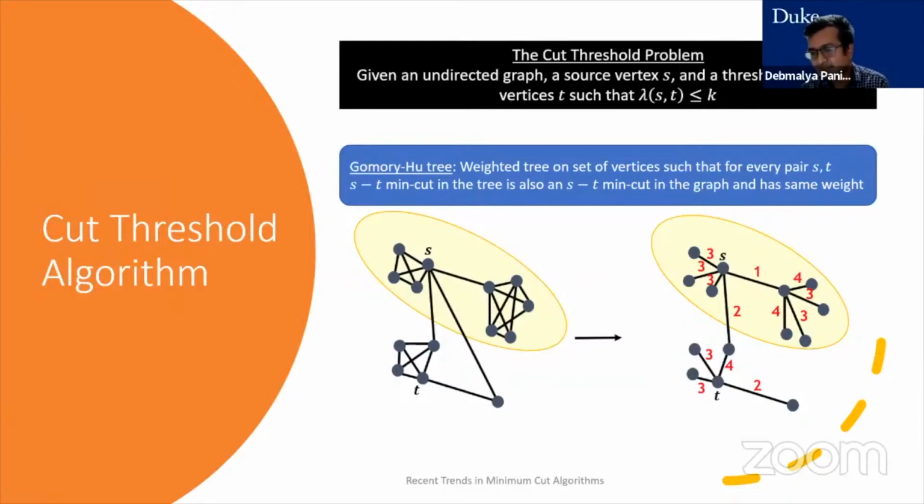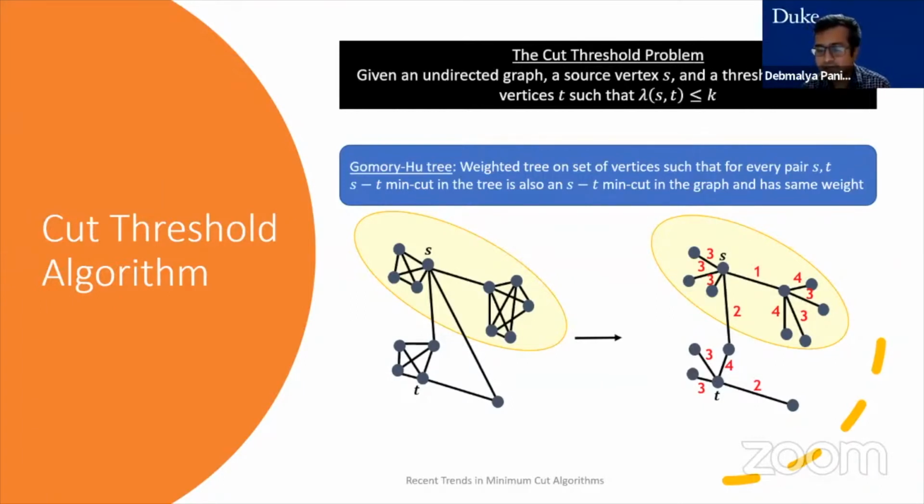In particular, it will be the minimum weight edge on the path from S to T, because it's a tree. Now take that minimum cut. In this particular case, it's the edge of weight 2 incident on S. Take that edge. Now that defines a bipartition. If you remove that edge from the tree, that defines a bipartition of the vertices into two parts. Project that bipartition back to your original graph, in the way that I have done here.